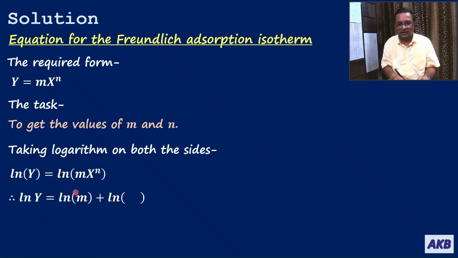In the next step, I will use a logarithmic identity: ln of a into b is ln of a plus ln of b. Likewise, ln of m into X raised to n is ln of m plus ln of X raised to n.